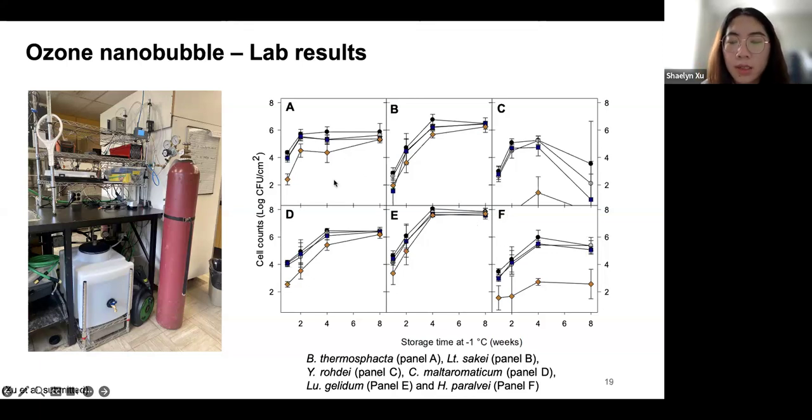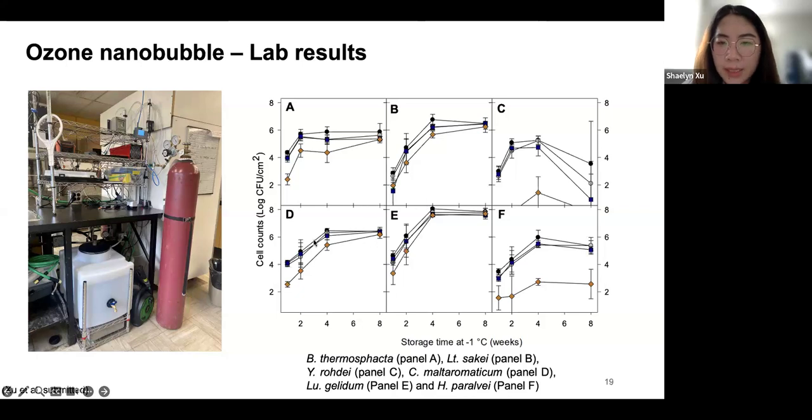What you can see here is that ozone nanobubbles show very minimal or slight disinfection against all species or strains, except for the Yersinia strains.